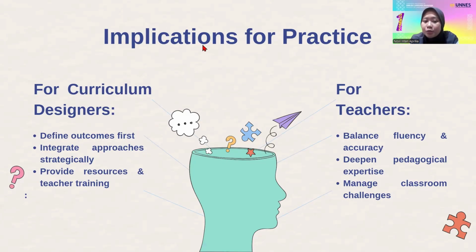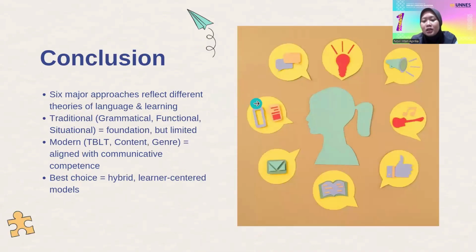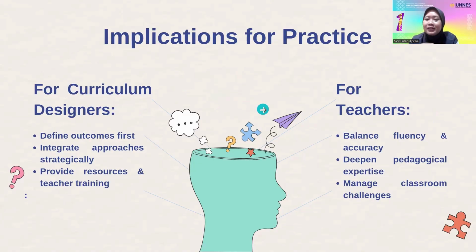And next is provide research and teaching training. Okay, now for teachers, we need to balance fluency and accuracy. And then the second is to depend on pedagogical expertise, and this is to manage classroom challenges.